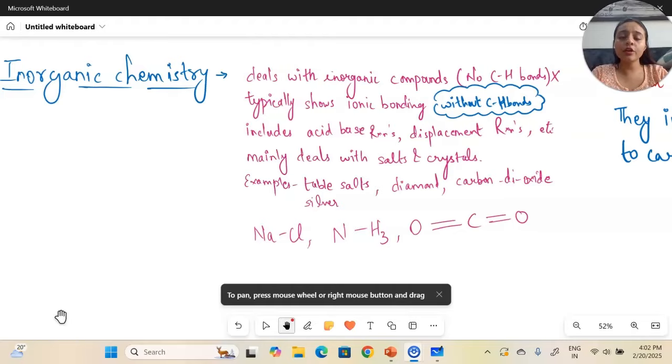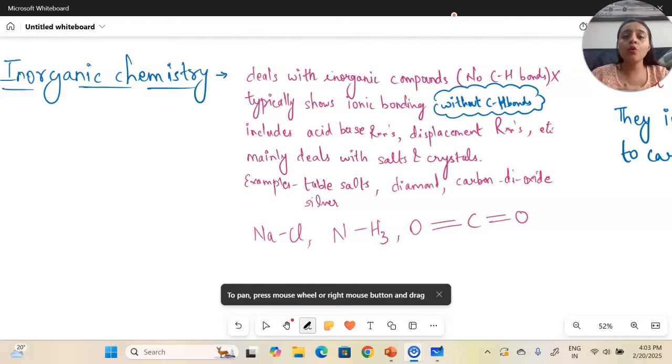These are also considered unsaturated hydrocarbons because they have a triple bond between carbon atoms. When we talk about inorganic chemistry, it does not deal with carbon and its compounds. It means it does have compounds, but those compounds are not bonded with carbon. It deals with inorganic compounds which do not have C-H bonds. They typically show ionic bonding, not covalent bonding, which we have already studied in chapter 1.